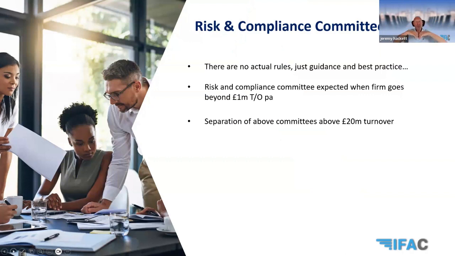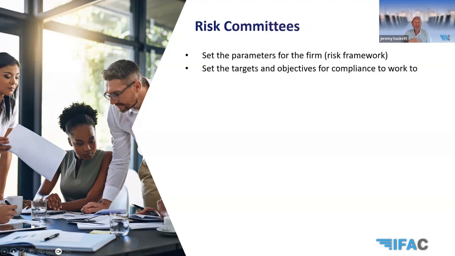And then once you get into the Premier League of £20 million plus turnover, even those committees need to be separated out into pure risk and pure compliance committees. But I guess for the majority of us, a combined risk and compliance committee is absolutely fine.